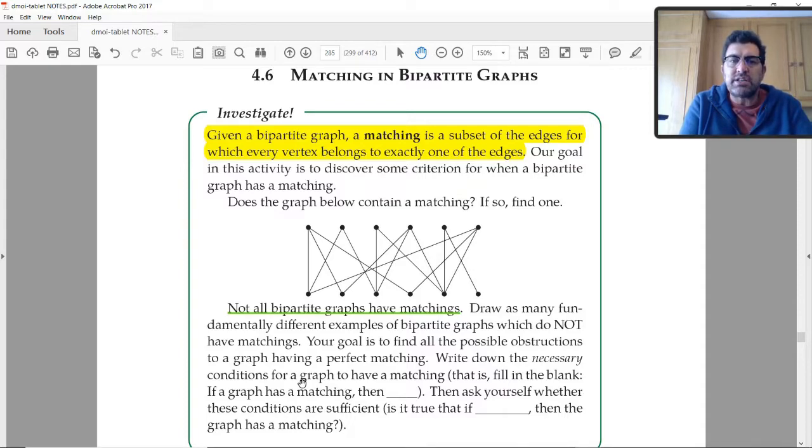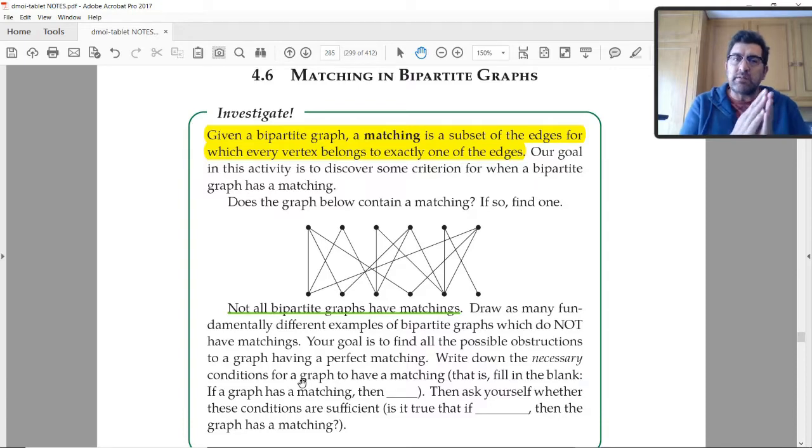Okay, so the question is, if we have a bipartite graph, then a matching is a subset of the edges for which every vertex belongs to exactly one of the edges. So meaning that we're only looking at edges here when we're matching in bipartite graphs.